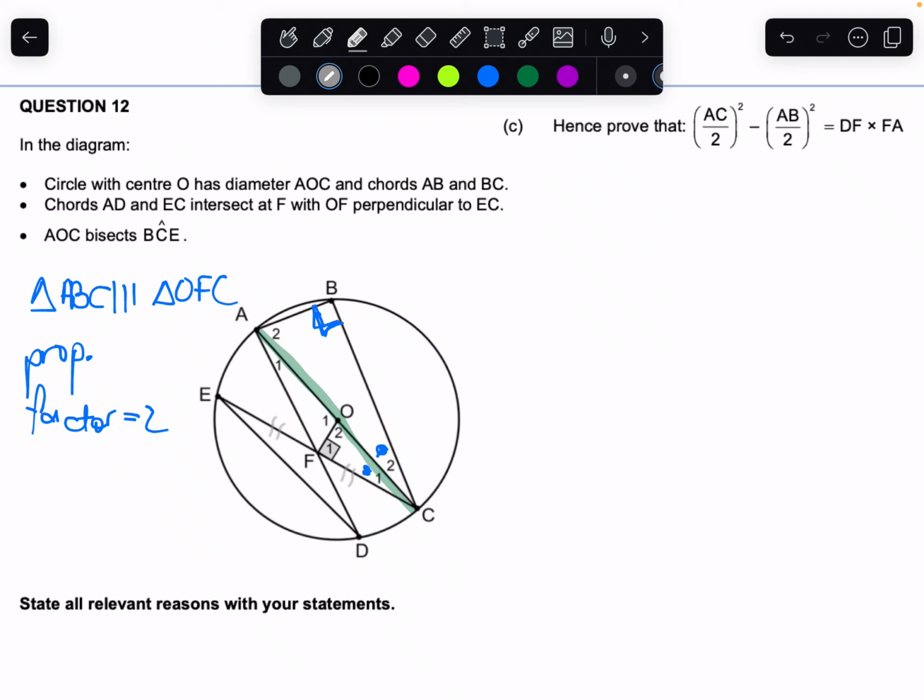So if I were to draw this in, right? If I were to draw this chord DC, this would also be a 90 because angle in a semicircle. And I don't know what that would do for me, but it just seems significant.